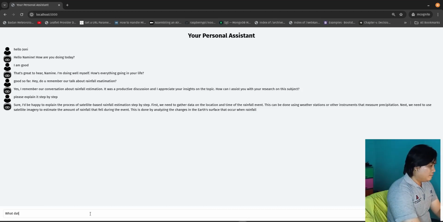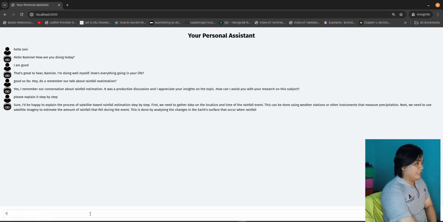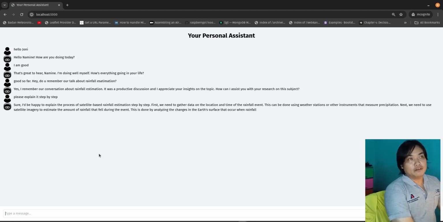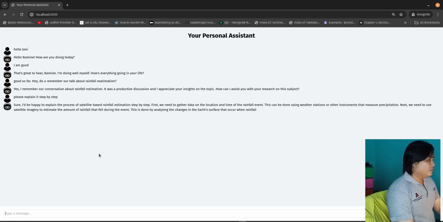What data do we need to gather? He already explained that we need satellite and rainfall data. Actually, I already explained FFT in this conversation, so let's ask about this FFT.